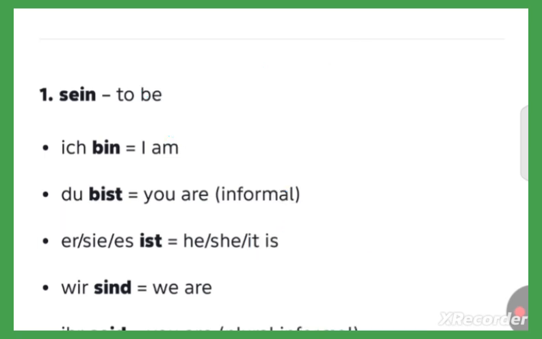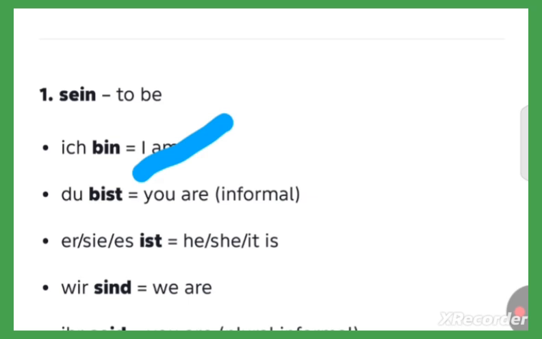In English, it's just you are, we are. But when it comes to German, there are three types of are, and each is used differently. One type of are is bist, and this is only used with du, with you.